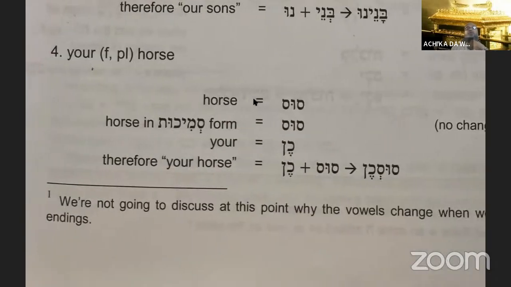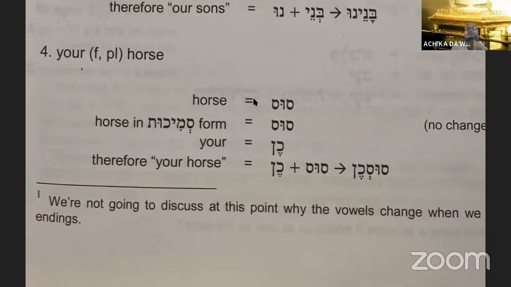All right, so your horse. It's female plural. The horse is not female, the horse is masculine. If the horse was supposed to be female, what would I do? How would I make it a female horse? What would I add? The hay. Yep. "Ah," right here. Susa.